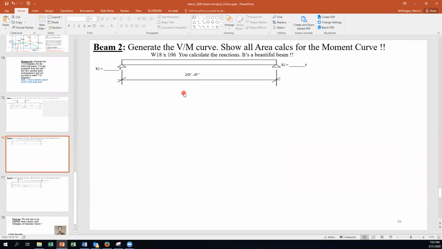And it's a W 18 by 106. So each reaction is 106 pounds per foot times what? Each reaction is responsible for how much of that beam? 1/2. So 106 pounds per foot times 10 feet equals 1,060.